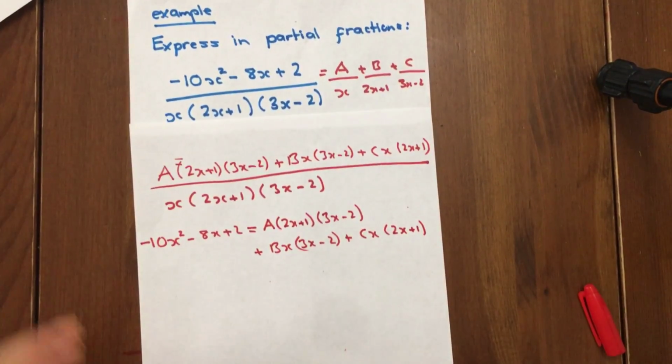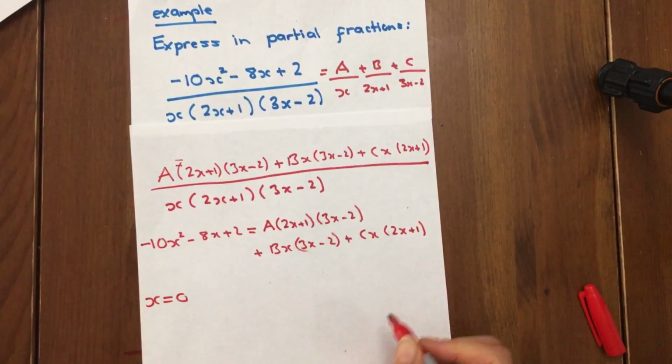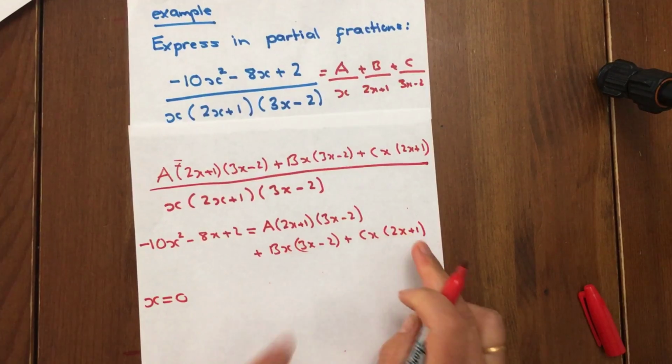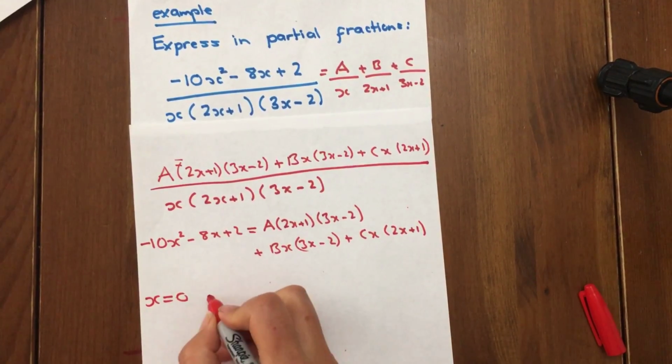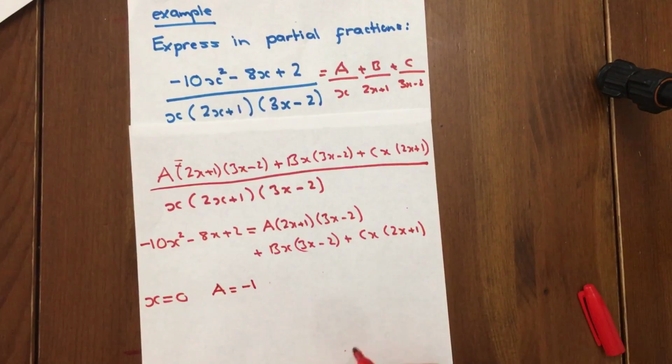Okay, so now what I'm going to do is to find my values of a, b and c by putting different values of x in. Now the most obvious one is to put x equals 0 because b and c will disappear. If I do that, I'm not going to do all the method here, guys, because it's very long, but you get a equals minus 1.